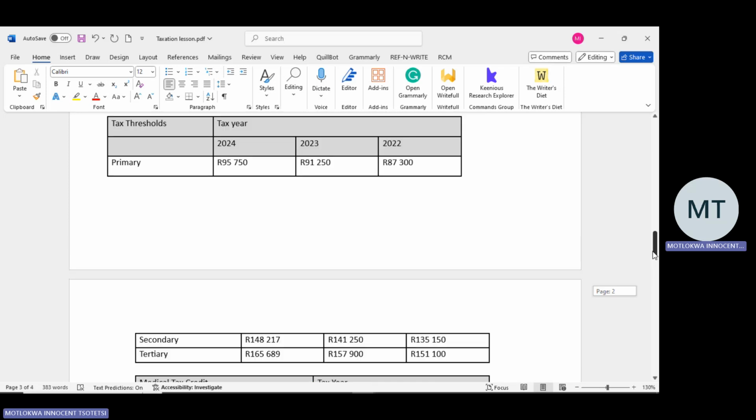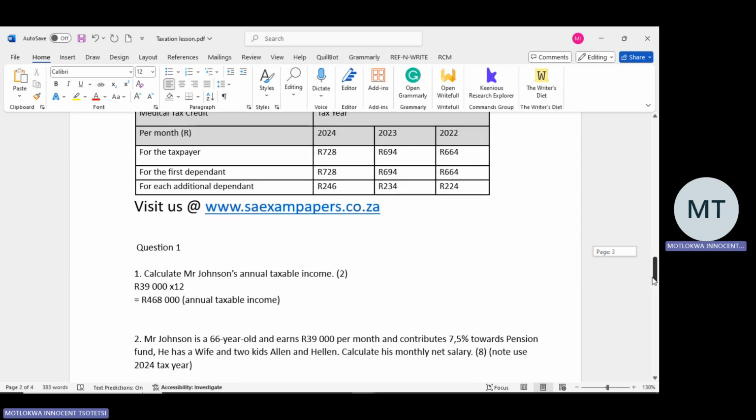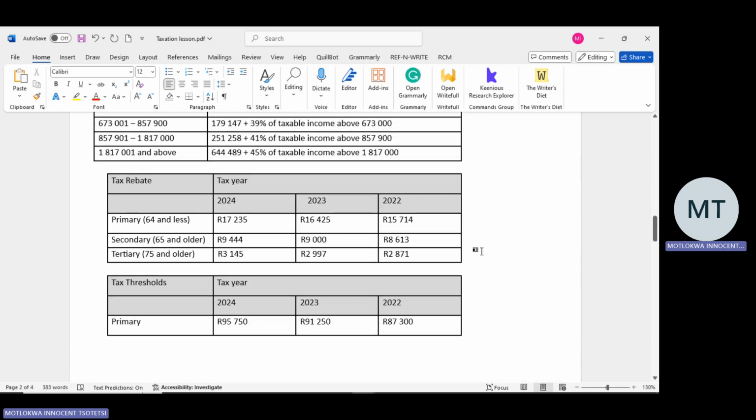We have been told that we should use the tax year of 2024. We are going to check the years. Mr. Johnson is a 66-year-old, so we are going to use the very same thing that we used under the tax rebates, whereby they have 64 and younger, 65 and older, and 75 and older, in order for us to determine the correct tax threshold.